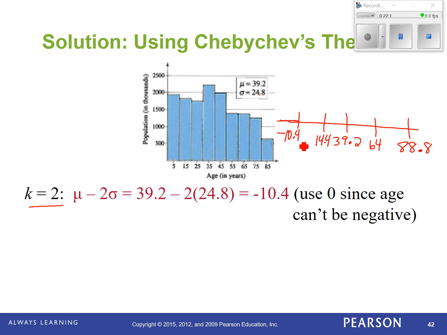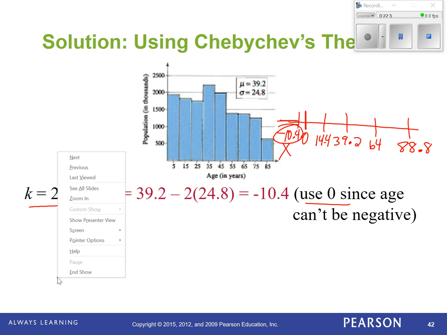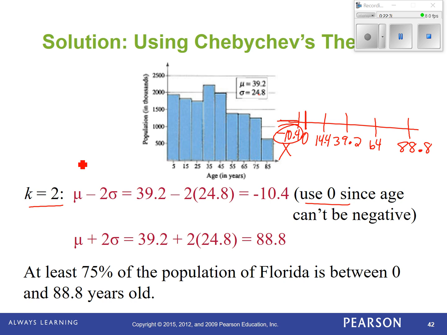Well, you have to remember to use a little bit of common sense. We're dealing with age, so that can't happen. So we're actually going to stop at 0. Can't have somebody that's negative 10.4. So we're looking at the fact that if we do Chebyshev's, 75% of the population of Florida falls between 0 and 88.